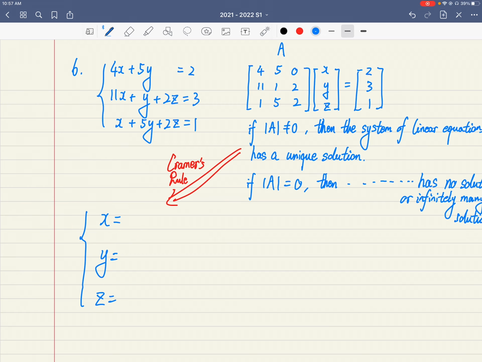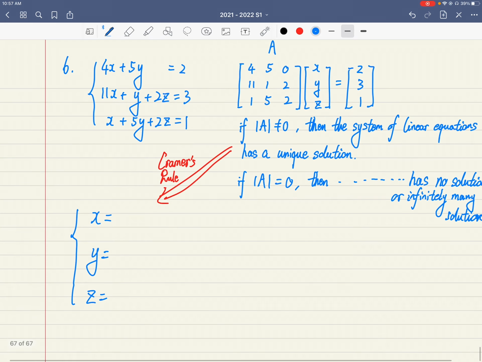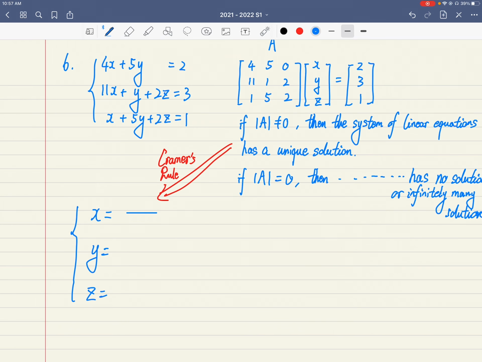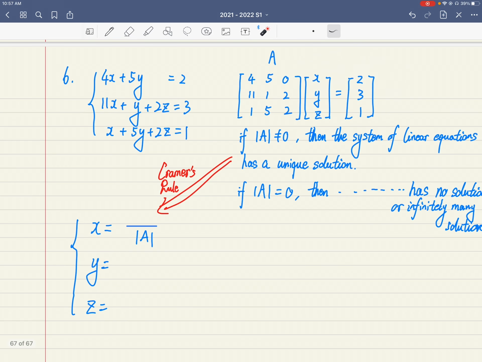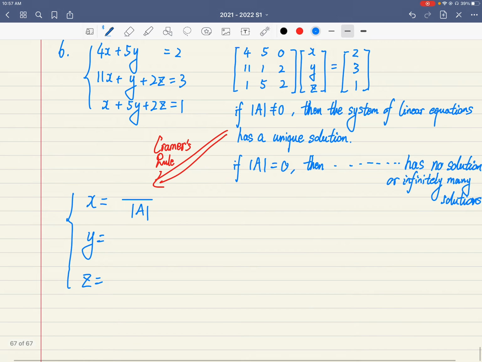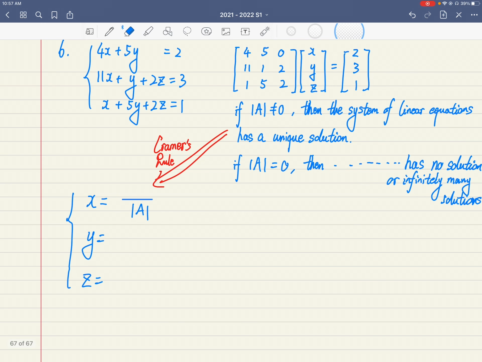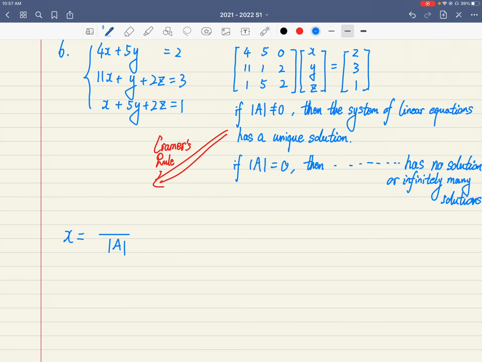So the value of x is something over the determinant of A. This is just A, so you just get the determinant of A. Then what is on the top?